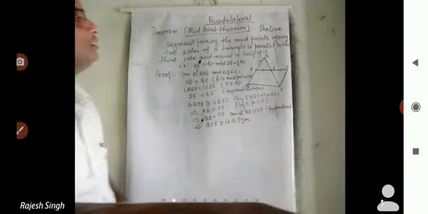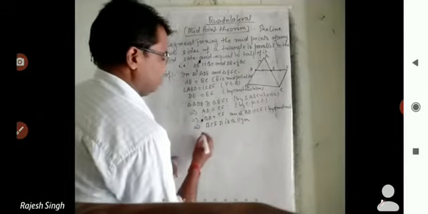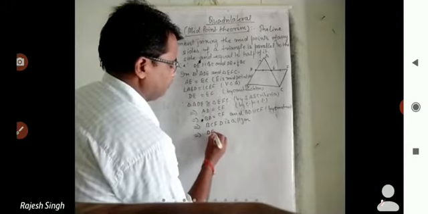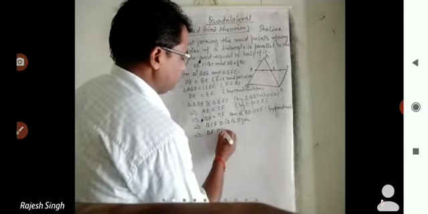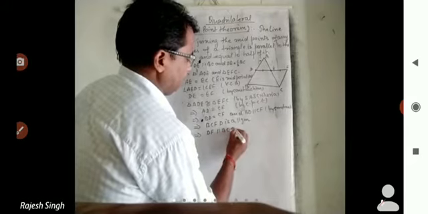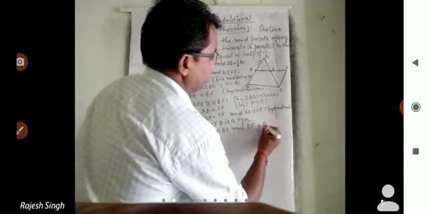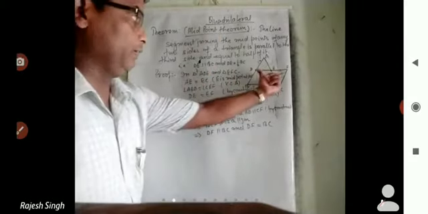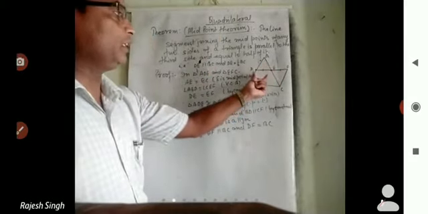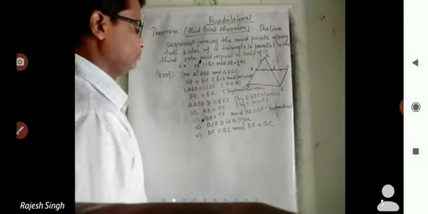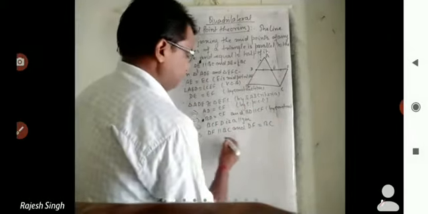What can we write? DF is equal to BC and DF is parallel to BC. DF we can write as 2DE.